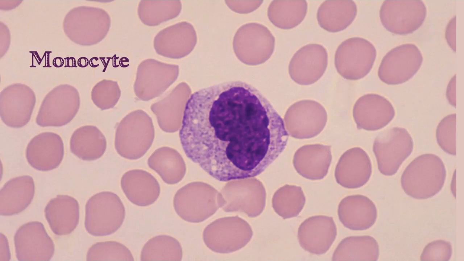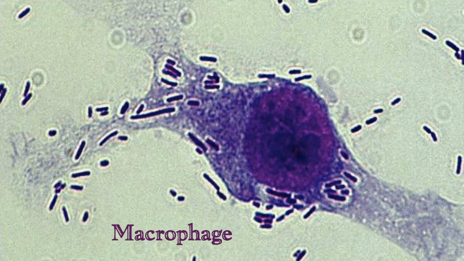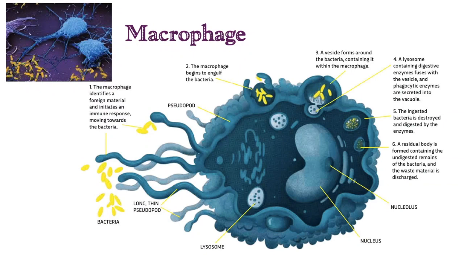Here's the monocyte, the neutrophil, you can see the lobed parts, and the macrophage, as you can see the bacteria, and then the macrophage extending out with little cytoplasmic extensions or pseudopods. Here again, you can see the macrophage with those little pseudopods, and you can see an electron microscope picture in the top left.